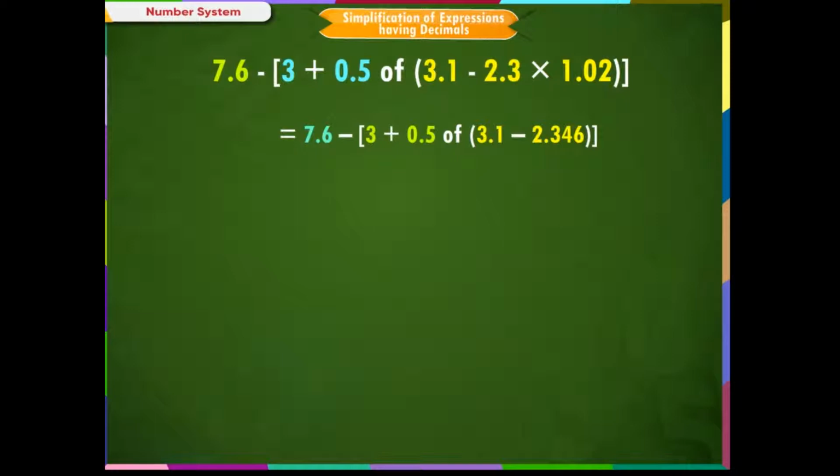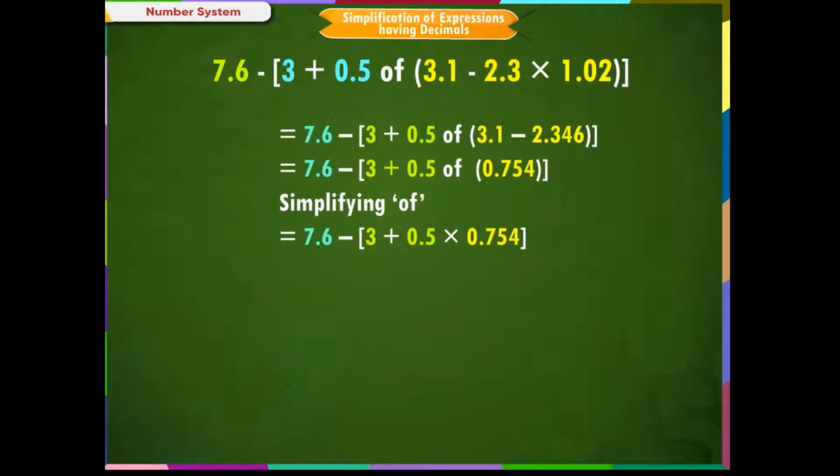Next, do subtraction inside the rectangular bracket. 3.1 minus 2.346 is equal to 0.754. This gives 7.6 minus 3 plus 0.5 of 0.754, which is 7.6 minus 3 plus 0.5 into 0.754.